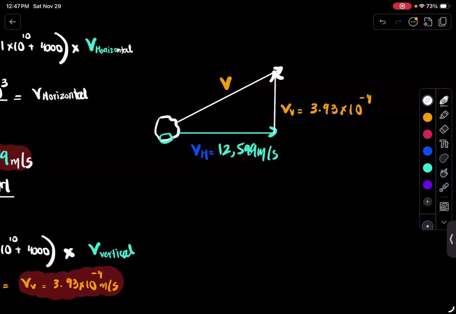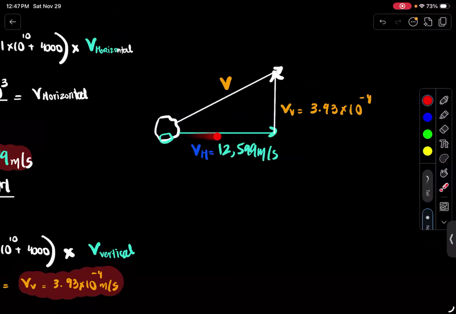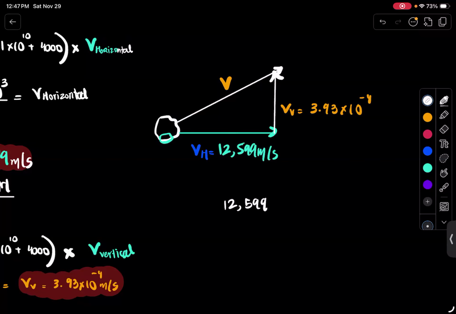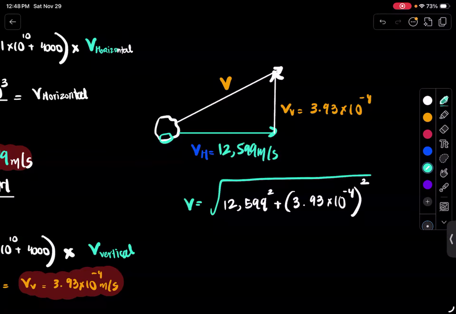Yes, we can, right? If you have two sides of the right triangle from this vector, then it's very easy to calculate the resultant velocity V, right? Just like in vectors. So what is this going to be? 12,599 squared plus 3.93 into 10 to the power minus 4 squared. When you take the square root, this is going to equal V, resultant velocity V.